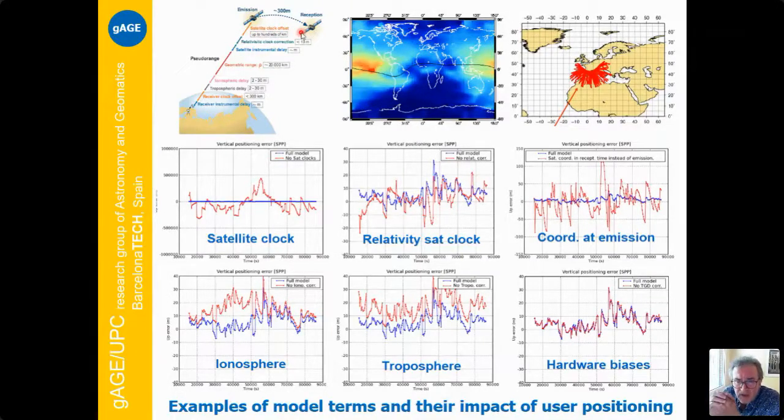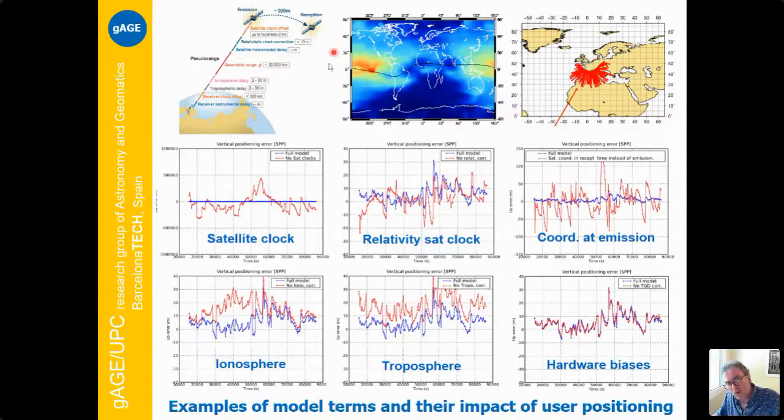We have to take into account that 1 nanosecond of error means 30 centimeters when we scale it with the speed of light. 1 nanosecond multiplied by the speed of light is 30 centimeters, and 3 nanoseconds is 1 meter.